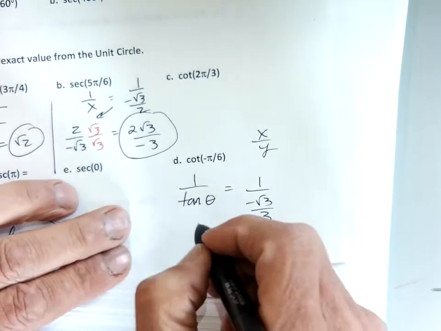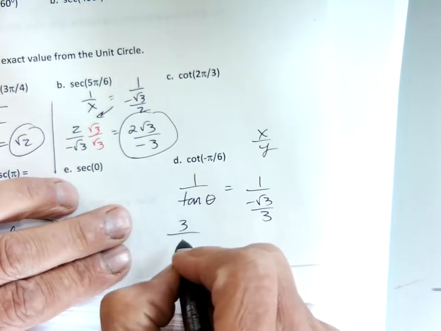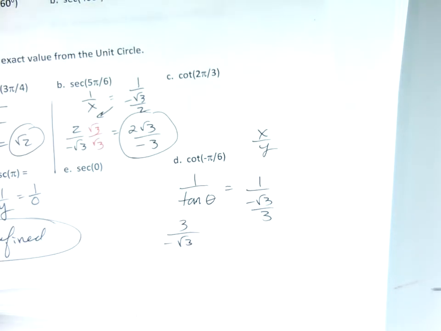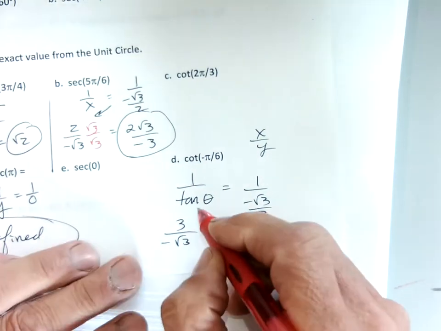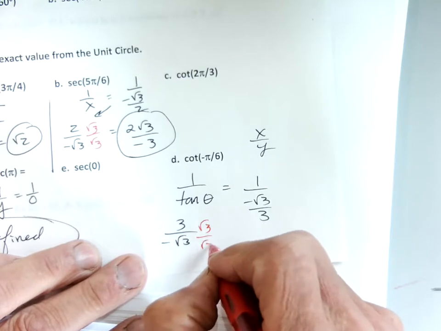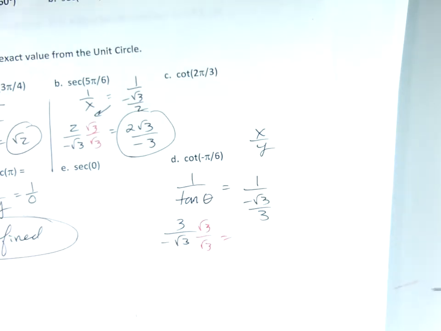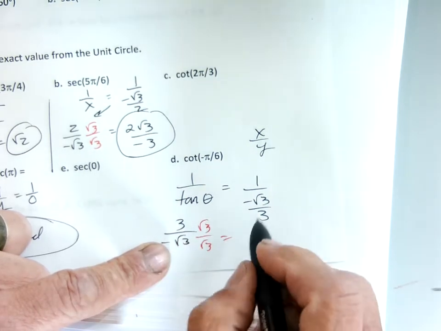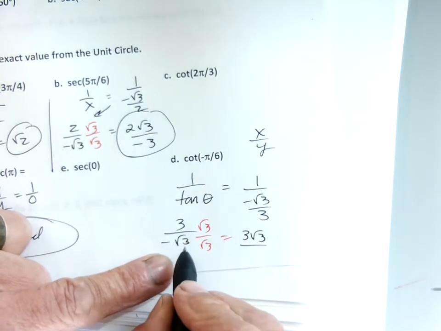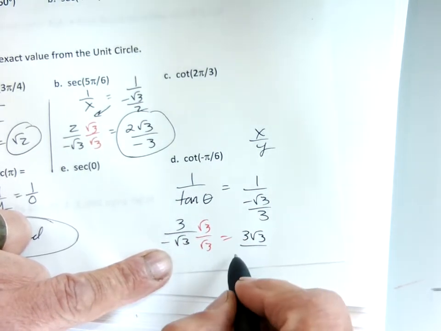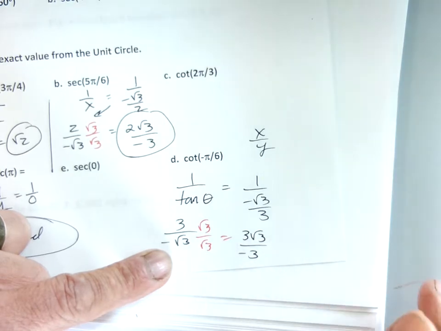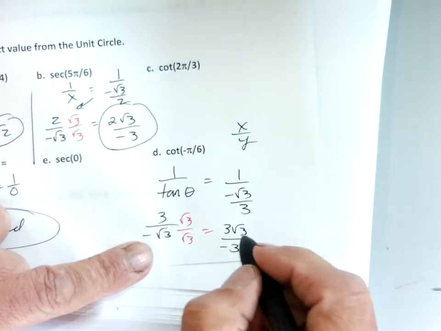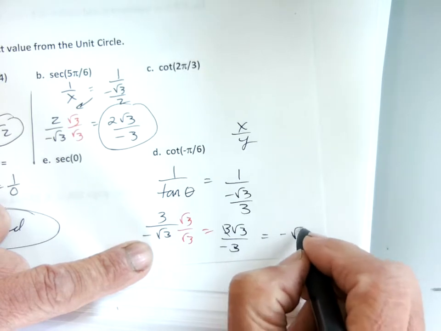That flips up to 3 over negative square root of 3, but of course that's a pretty ugly number, right? Can't do that. Have to fix it. Can't have a square root at the bottom. Multiply by square root of 3 over square root of 3. Let's see what I get. I'm going to get 3 square root of 3 over square root of 9, but square root of 9 is 3. My 3's cancel, and I just get negative square root of 3.